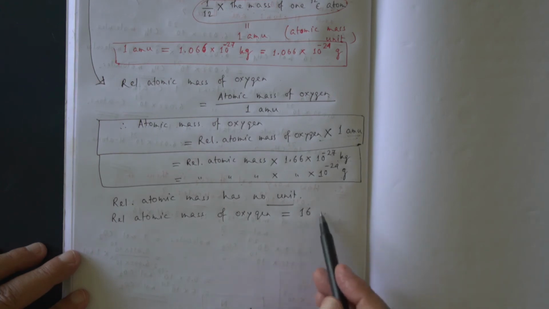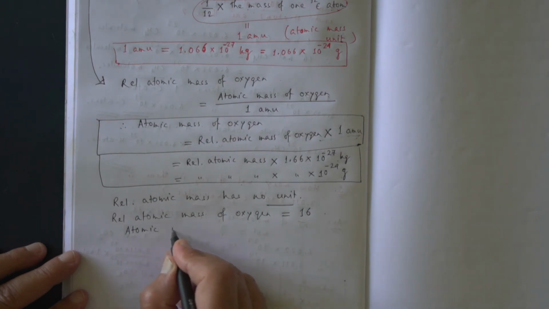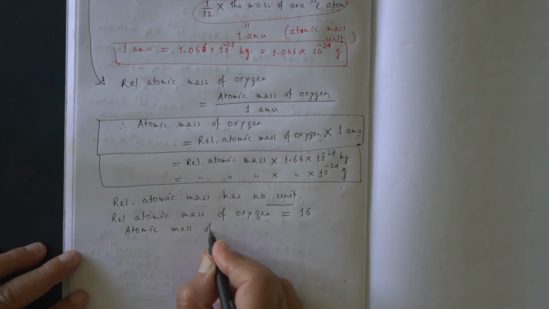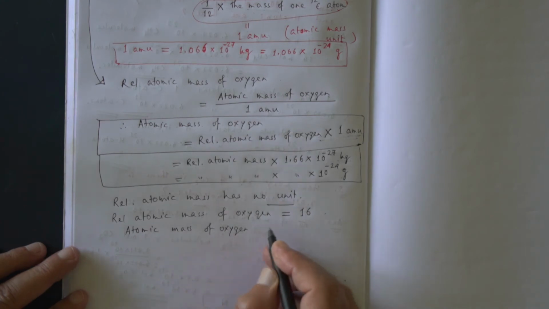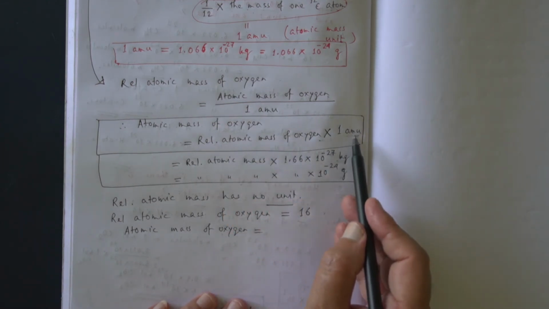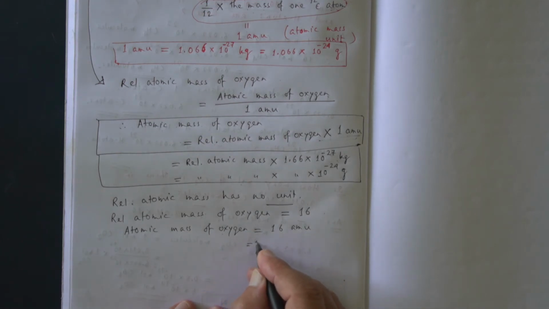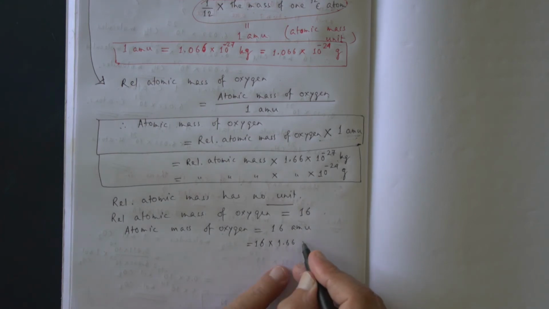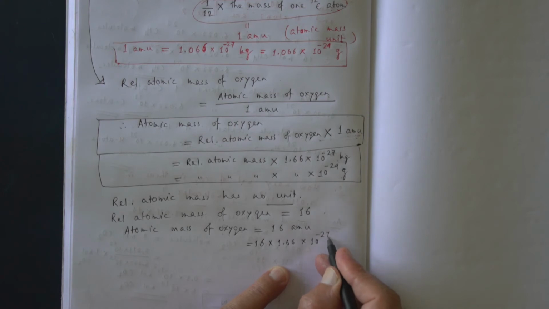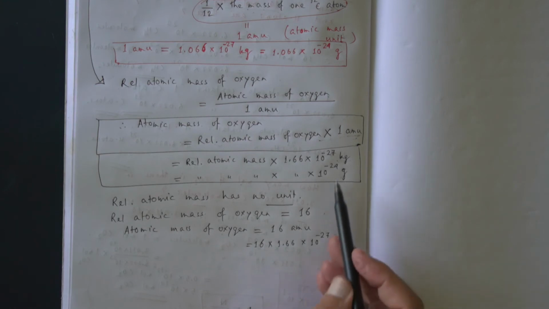But the atomic mass of oxygen is relative atomic mass 16 into 1 AMU, so 16 AMU. Or I can write 16 into 1.66 into 10 to the power minus 27 kg, or 16 into 1.66 into 10 to the power minus 24 gram.